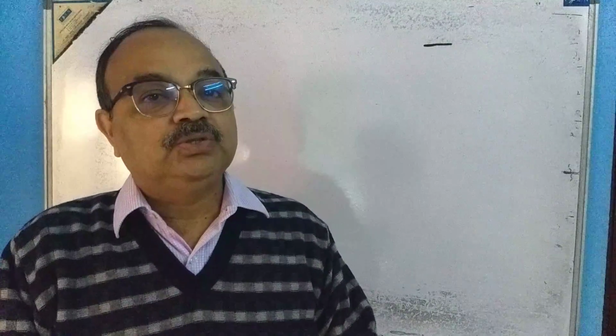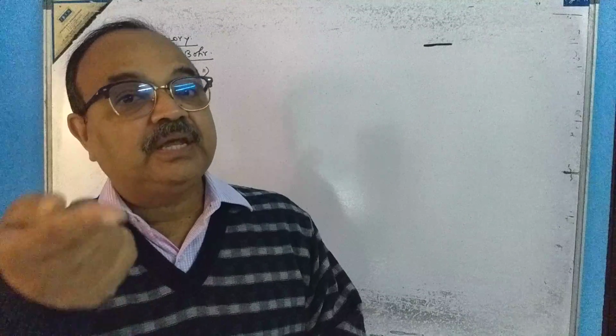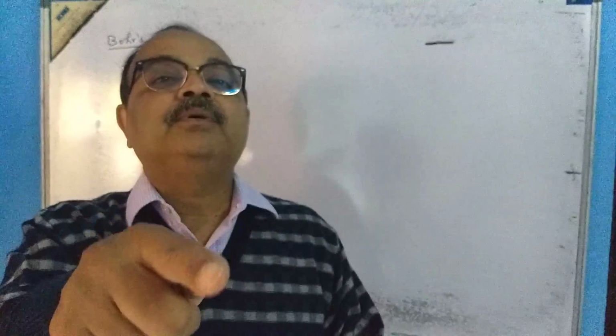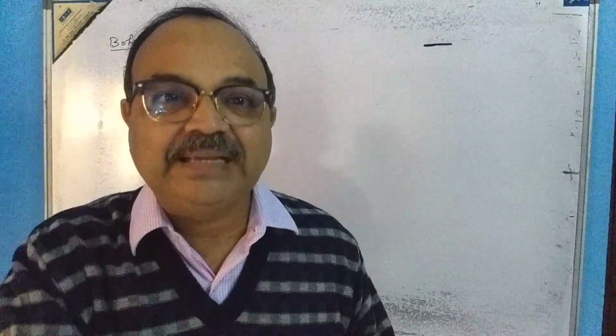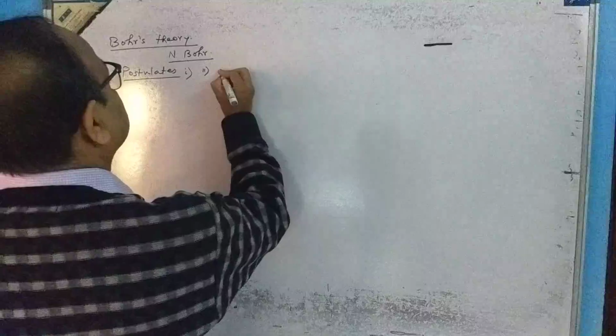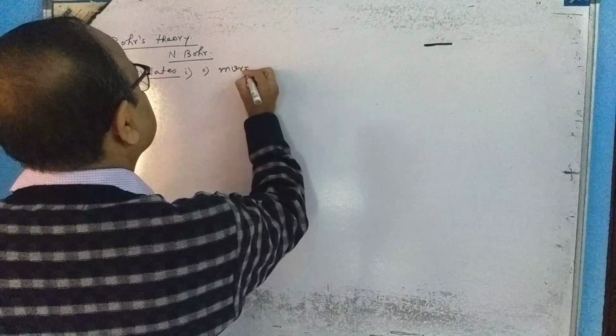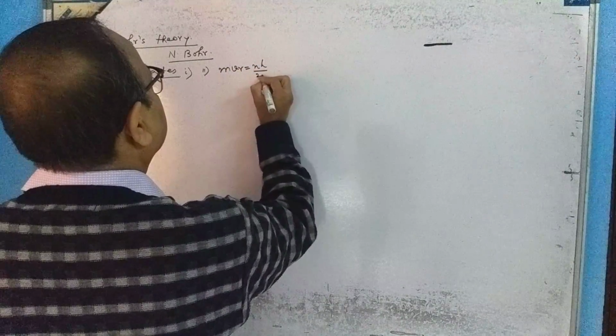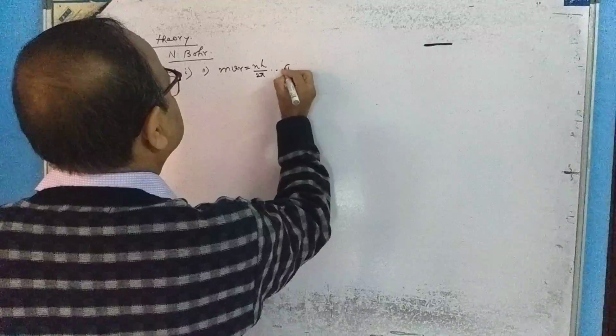That means angular momentum of the electron is quantized, means mvr is equal to nh by 2 pi. I write this as equation 1.